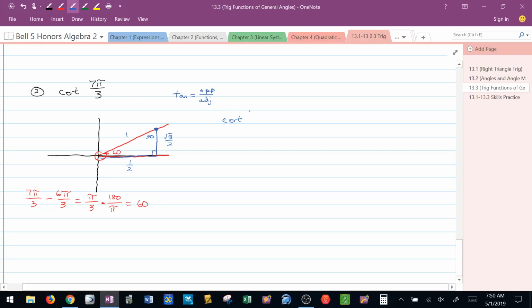The cotangent of 7 pi over 3 is going to be the adjacent side, 1/2, divided by the opposite side from 60, radical 3 over 2, which would give me big C, little c here. I would get 2 over 2 radical 3, which would be 1 over the square root of 3, and then rationalize it, radical 3 over 3. Again, I didn't have to worry about signs because it ended up being in the first quadrant.